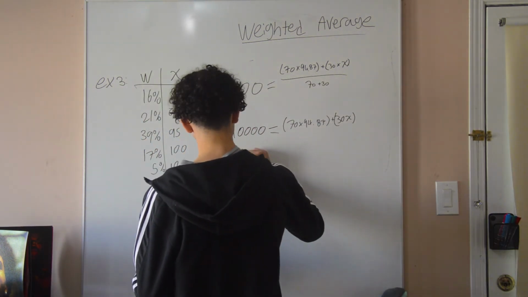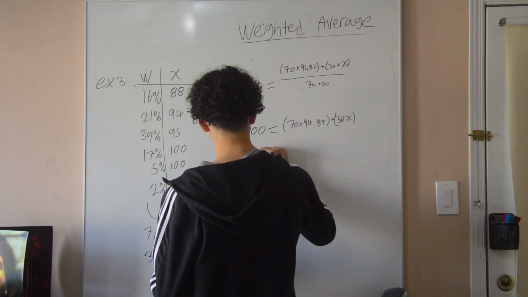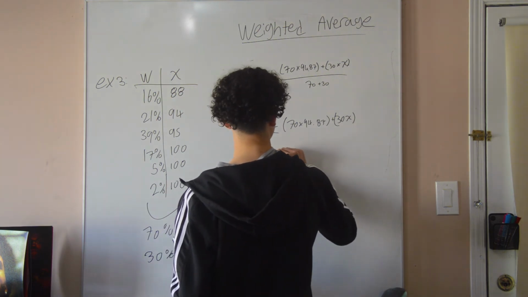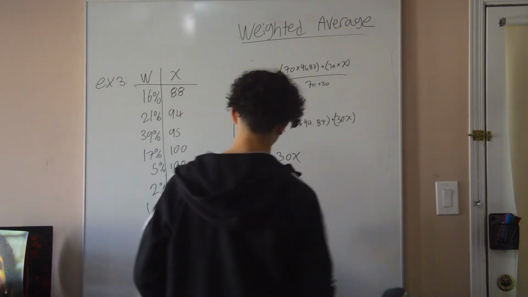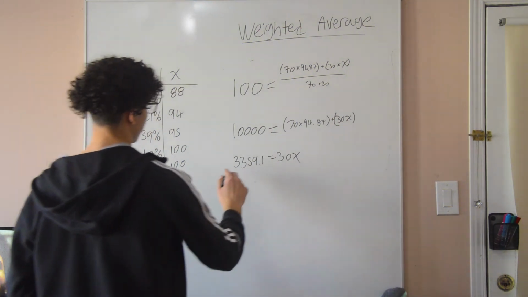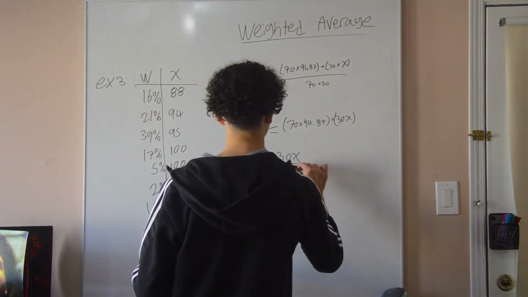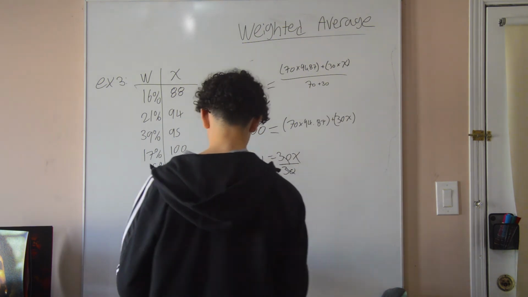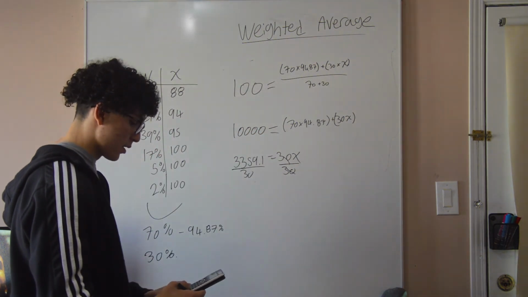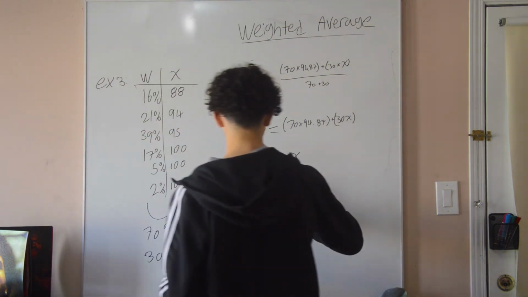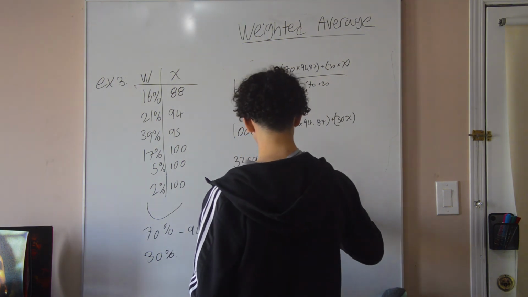So we get 3359.1 equals 30x. And now just divide both sides by 30. So we get, yikes, x equals 111.97.